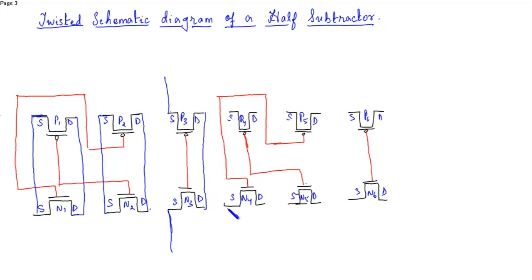Now here also we'll connect the sources and the drains, then sources and the drains. Here the source of the PMOS, source of the NMOS.